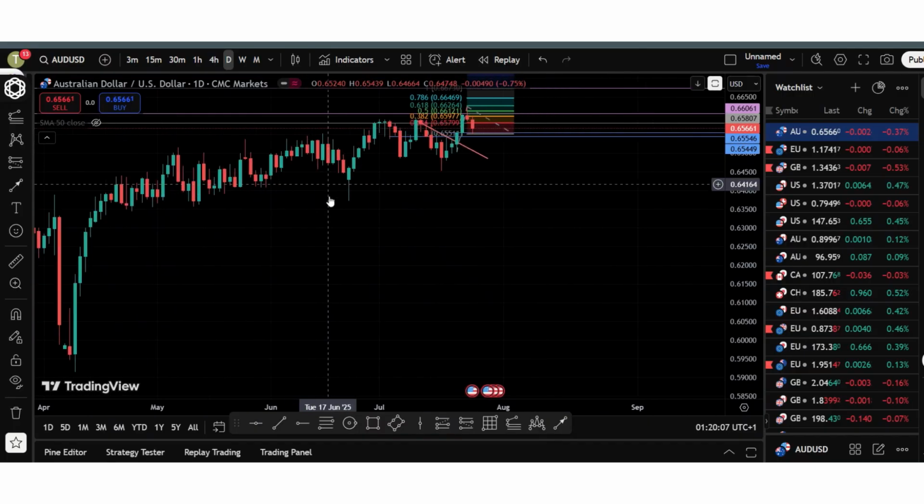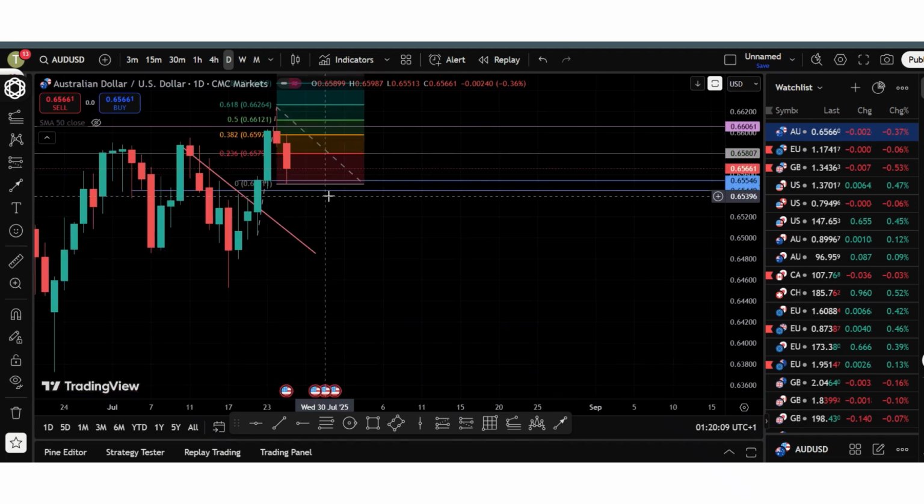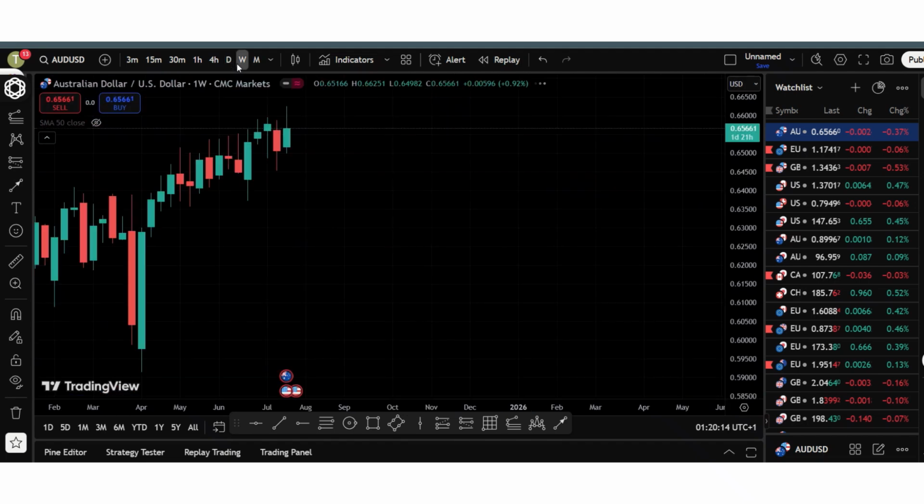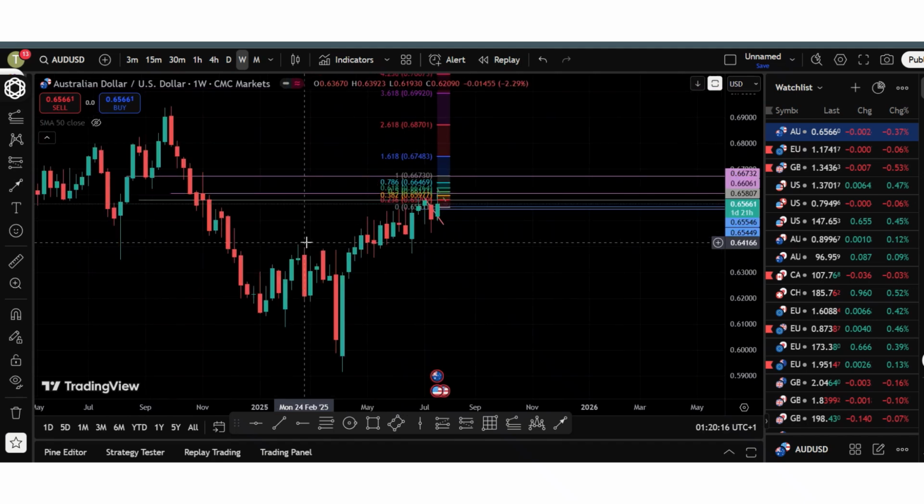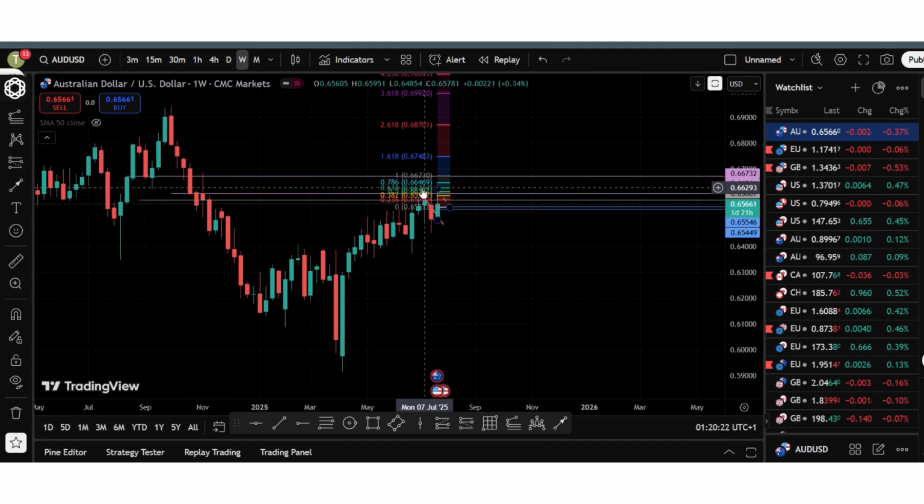It's not showing over here, so let's go to the weekly. Fine. You can see that level 0.66732 is at the number 1 Fibonacci level. So a buy from here will take us all the way to that level. That level has to hit 0.66732.